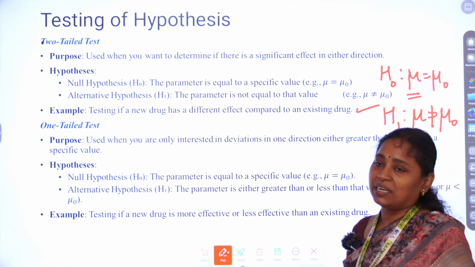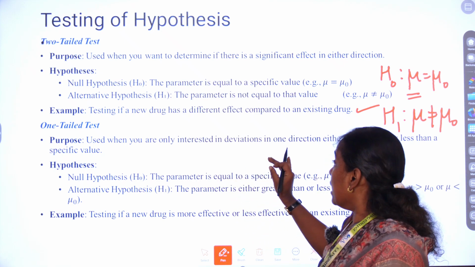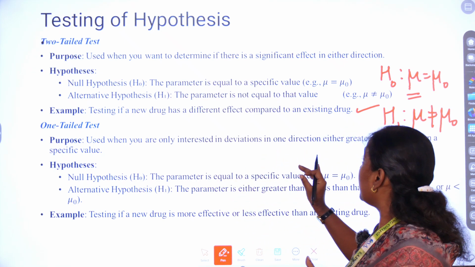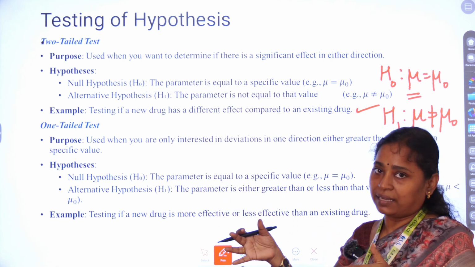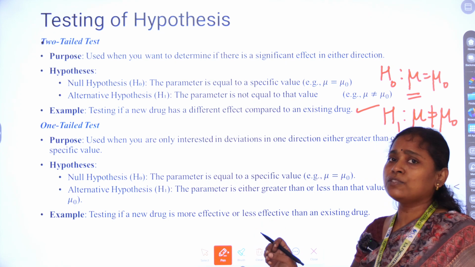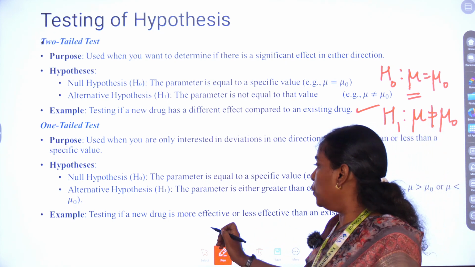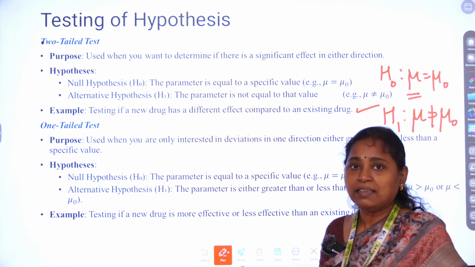Now next one is one-tailed test. So one-tailed test is used to determine whether there is a significant effect in one direction, either towards the left or towards the right. Now let us move on to the example. Suppose you want to test if a new drug is more effective or less effective than an existing drug.